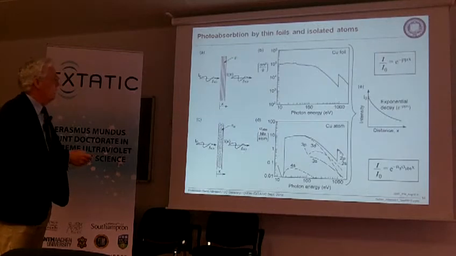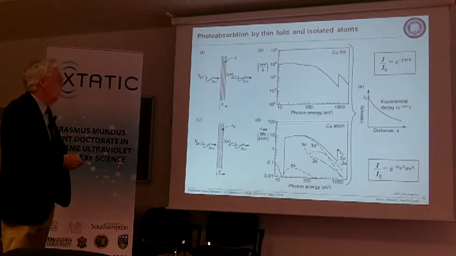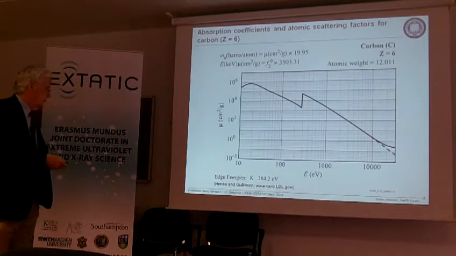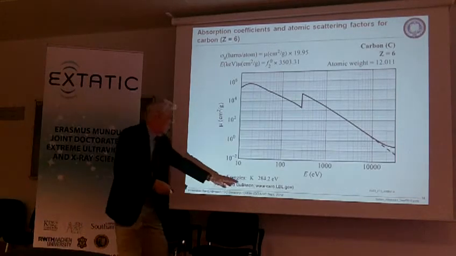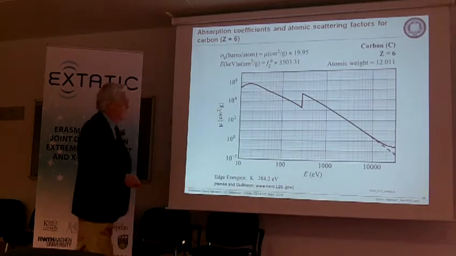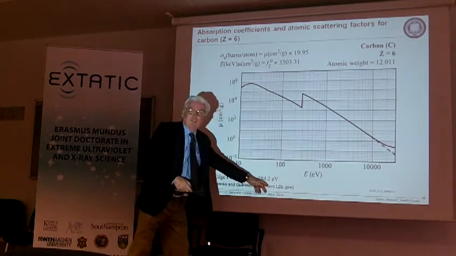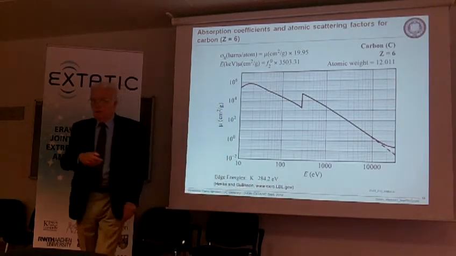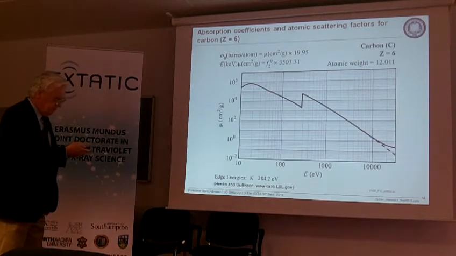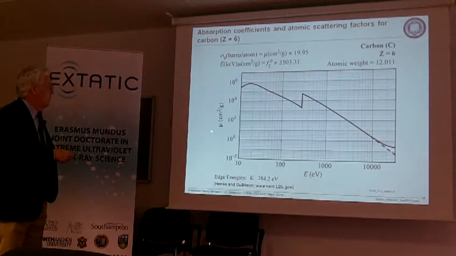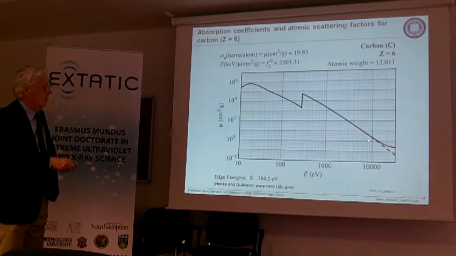So here I was showing you what one of these curves would look like. But now to be more specific, and this is coming from the website I told you about before, if this looks strange to you, you can get there in various ways. So again, in these units, this is for carbon, and here is what the curve looks like.